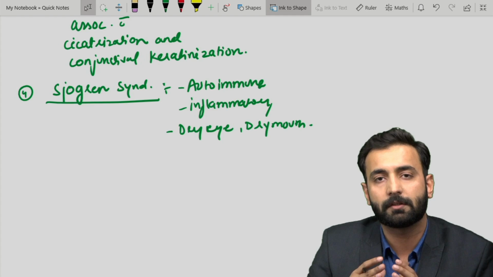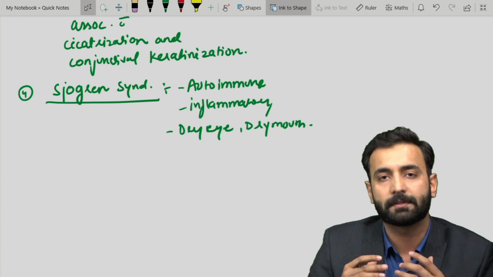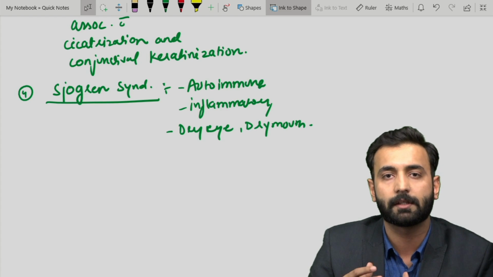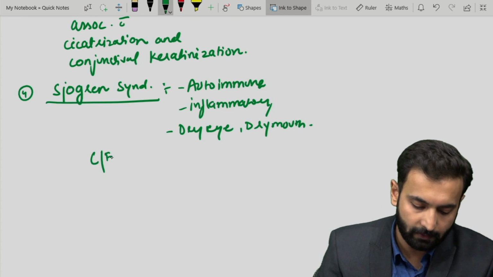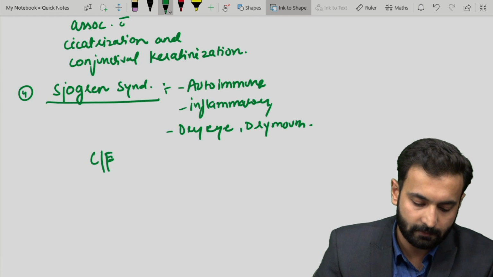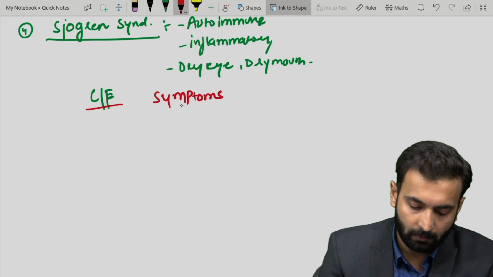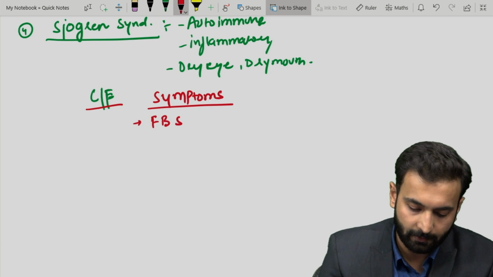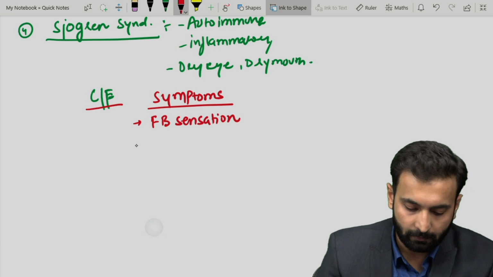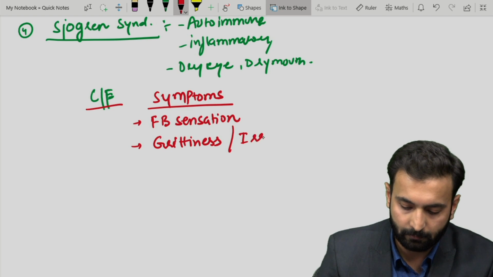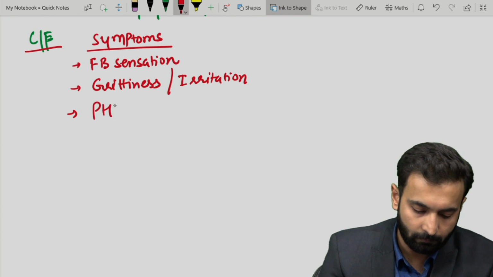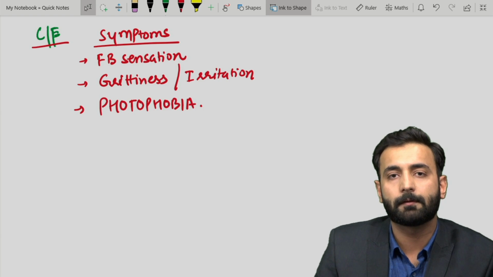The patient will present with foreign body sensation, grittiness or irritation in the eyes, and can have photophobia. So these are the symptoms of dry eye.